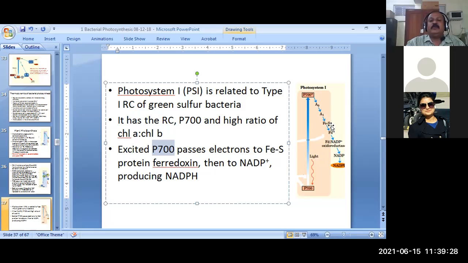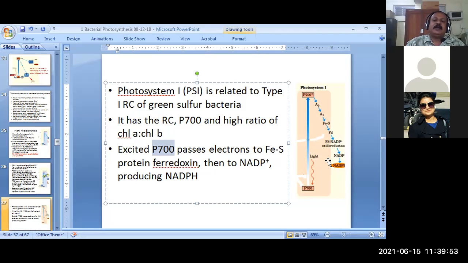And from the ferredoxin, the electron will go through the enzyme, what is written there? NADP, sorry, NADP oxidoreductase. The enzyme will pass it to NADP, and therefore NADP will be converted to NADPH.